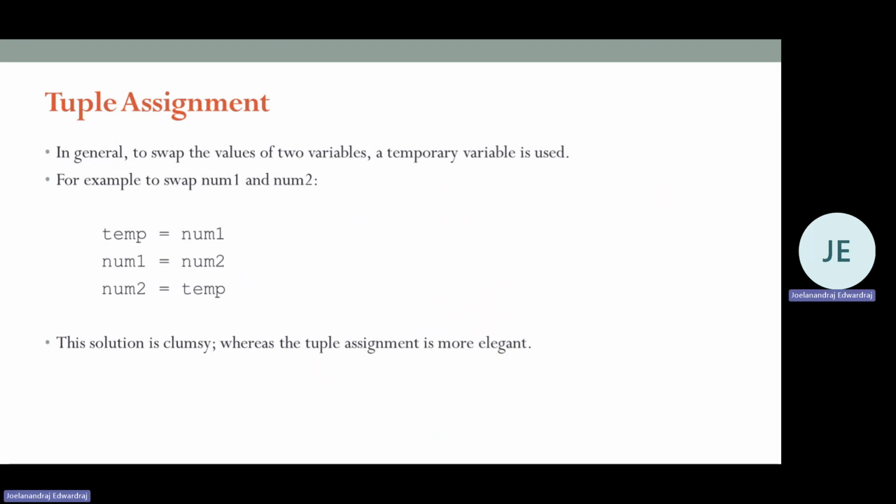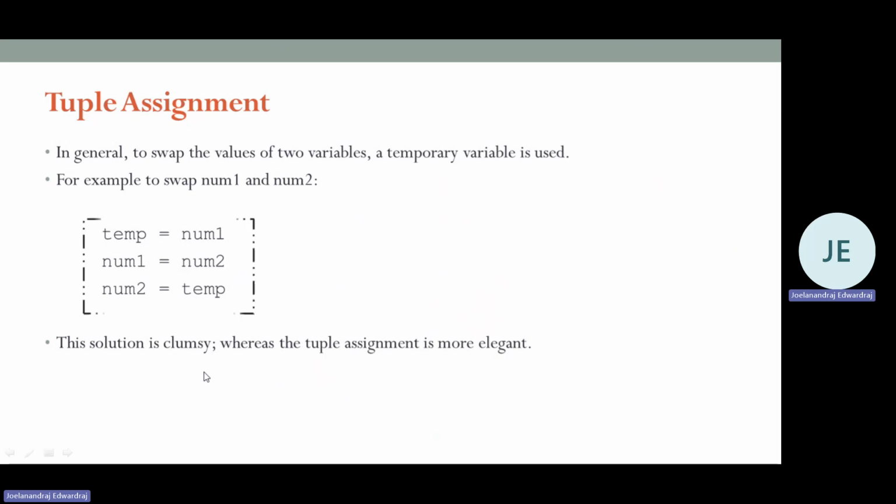We can use parentheses or avoid parentheses also. Either way it works. Both ways are allowed. If you use tuple assignment, then we don't need a temporary variable to swap two values.